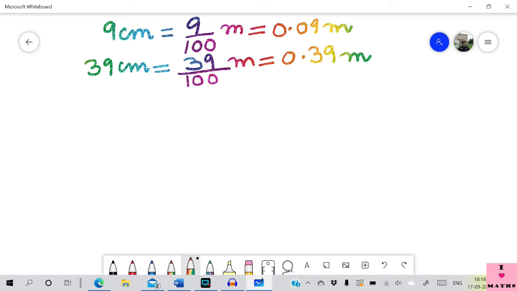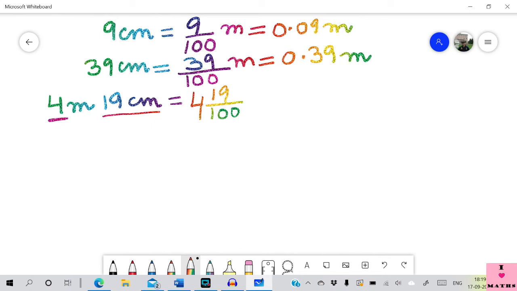Okay. Now if we have 4 meter and 19 centimeter. Now in this, 4 meters are complete and additional 19 centimeter are there. So we can write it as 4 whole 19 parts out of the 100 equal parts of a meter.